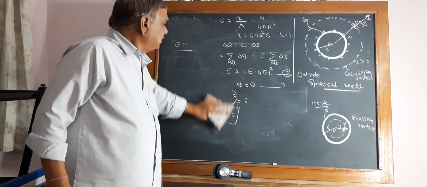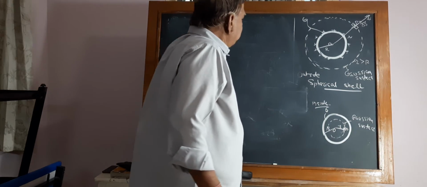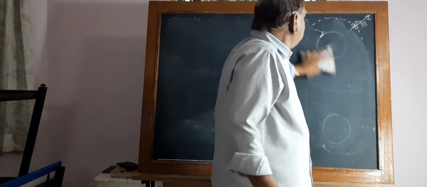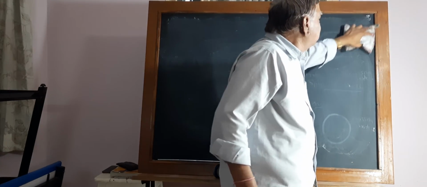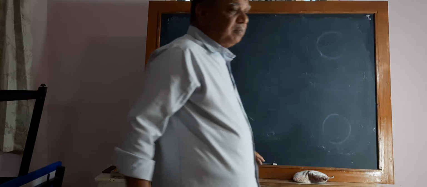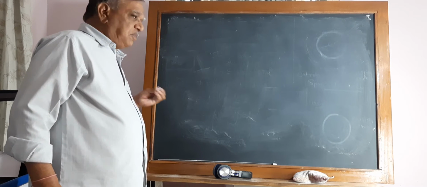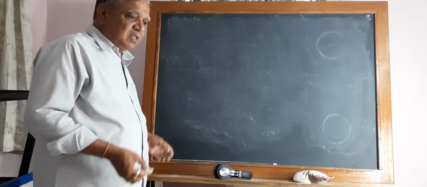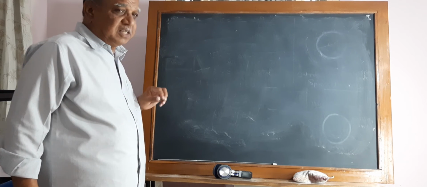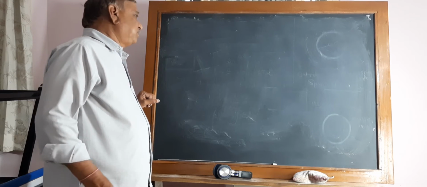Now at last, we are discussing some cases for an infinite plane sheet. As you know, for an infinite plane sheet, the field is normal to the plane sheet. If positive, then it is directed away from the plane sheet. If negative, then towards the sheet.